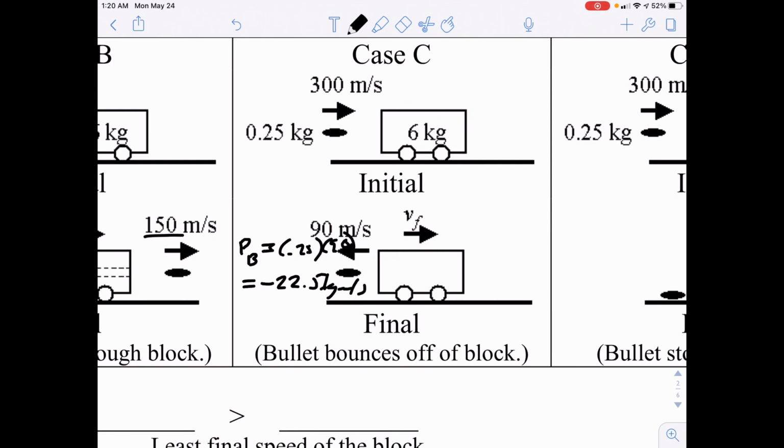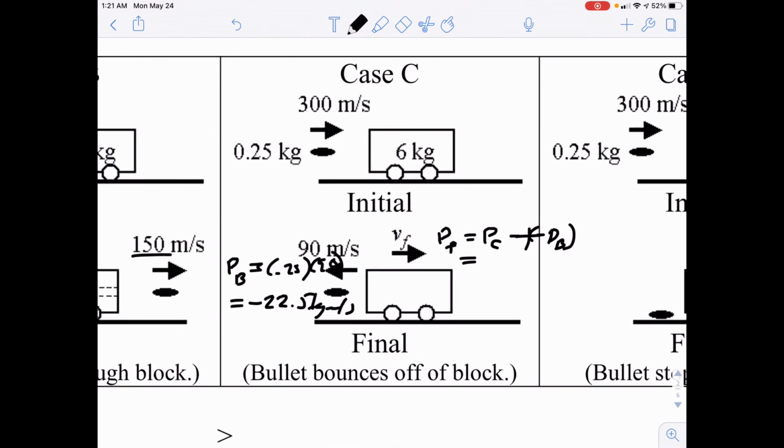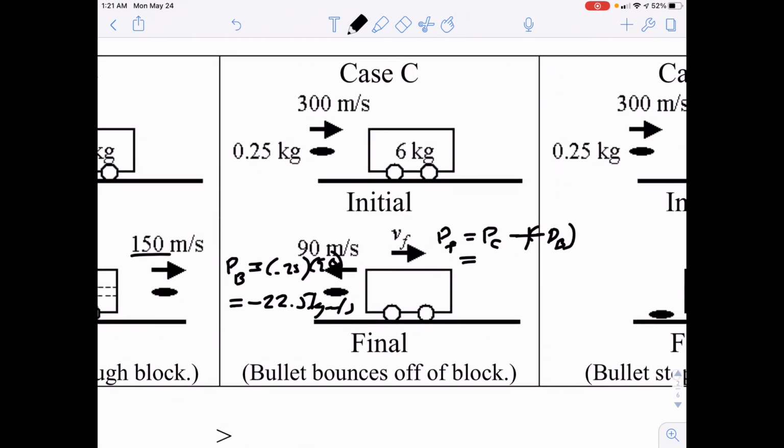Now what that means is the P final is going to be P of the cart minus P of the bullet, because it's going backwards, which really means you end up adding them. So in other words, the original was 75, and if we add the 22.5, we're at 97.5.